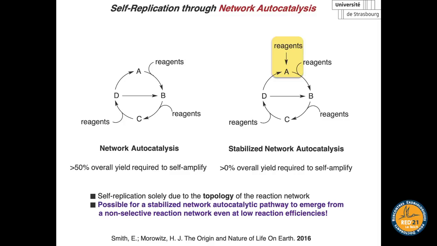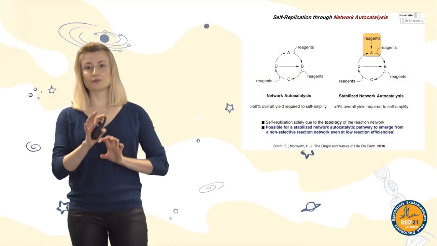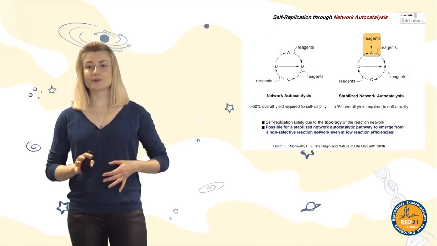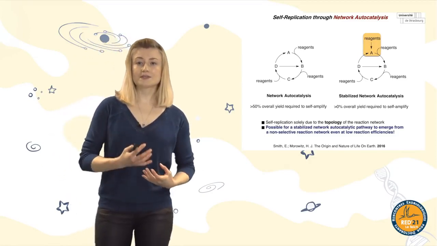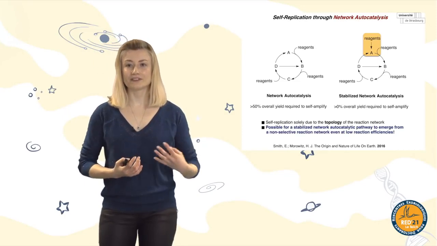And here we don't focus on individual molecules, we focus on the shape. So if you have one shape, it does one turn, at the end you get 2 of those shapes. So these shapes, we call them topologies. So the topology of the cycle allows it to self-amplify. The topology is the catalyst.